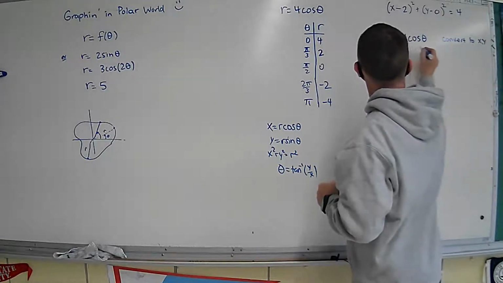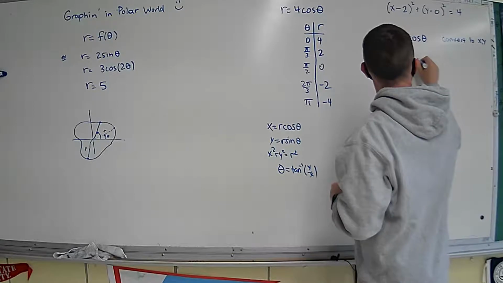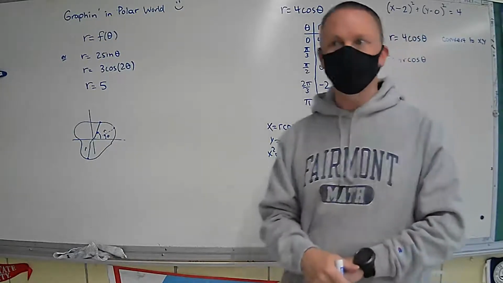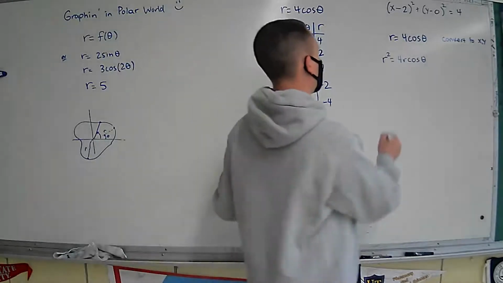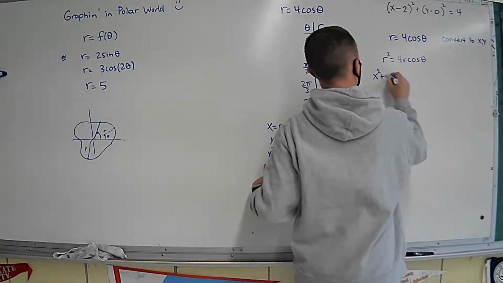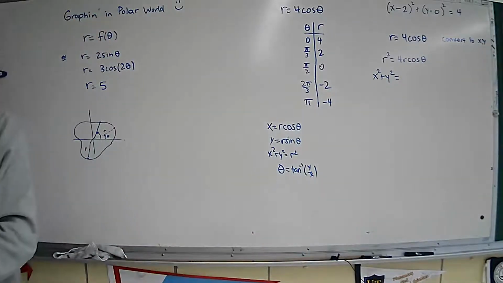I want to say, if I multiply both sides of this by r, what does that do for me? What's the left side now equal to? X squared plus y squared. And what's the right side equal to?